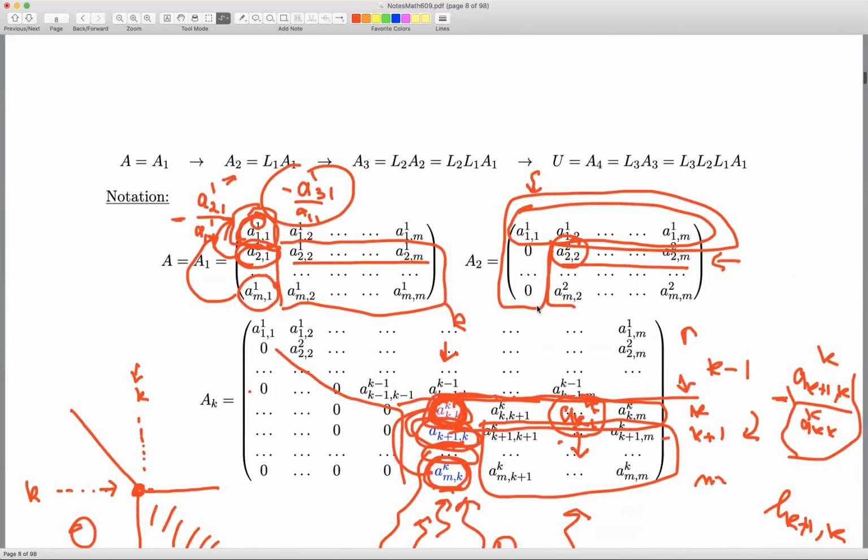In the second step of my Gauss elimination, this is the pivot element, and the pivot element occupies the second column. Then I look at the corresponding ratio of this element divided by the pivot element. This is the corresponding L with the same indices as the indices of the numerator of that ratio.